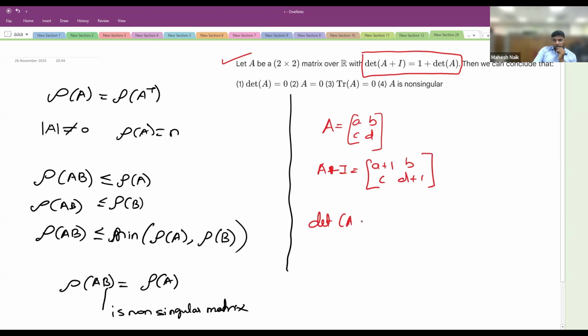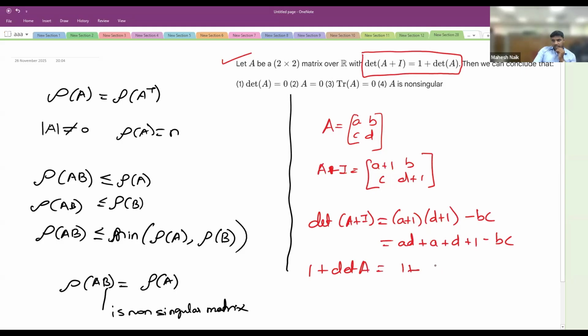The left hand side, determinant of A plus I, would be (a+1)(d+1) minus bc, which is ad plus a plus d plus 1 minus bc. Whereas on the right hand side, we have 1 plus determinant of A, which is 1 plus ad minus bc. So looking at this, can we conclude something?